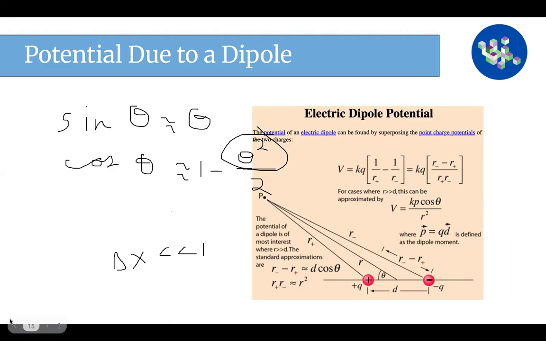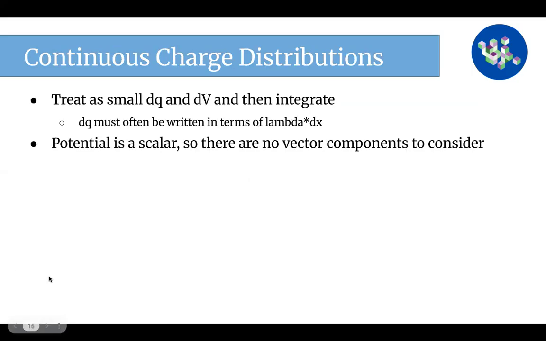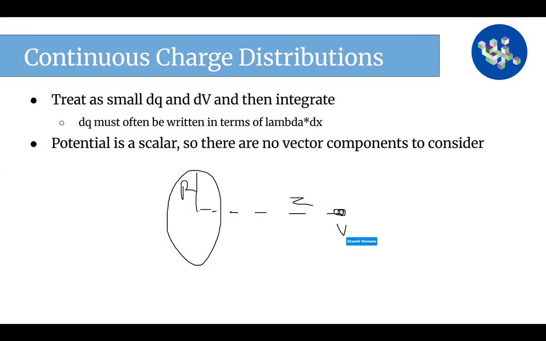Okay, next slide. A general strategy for finding the potential due to a continuous charge distribution: let's say I have a ring, a vertical ring, and you have a distance Z away, and you want to find the potential here.